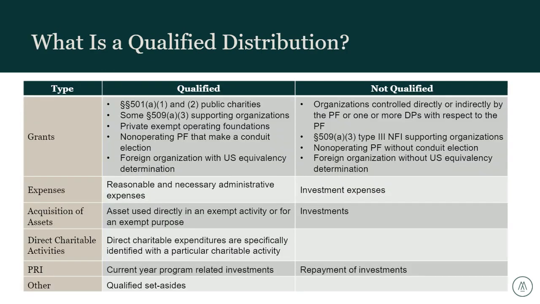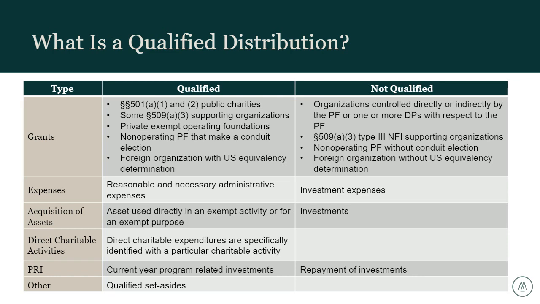Okay, so here's some examples of a qualifying distribution. So for grants, as we've already talked about, public charity grants, some supporting organization grants, exempt operating foundation grants. We'll talk about the conduit election here in just a second. And then foreign organizations with the U.S. equivalency determination.